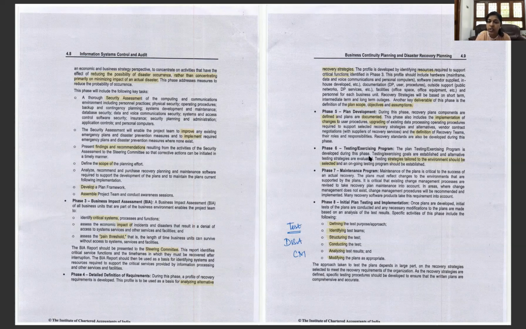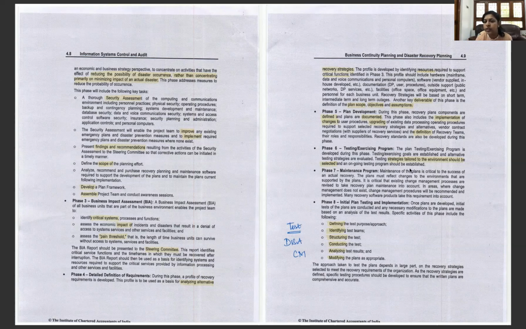Alternative recovery strategies will be formed at the detailed definition of requirements stage, and at this stage we are going to test them. Testing strategies tailored to the environment should be selected. So whichever is going to suit our particular business environment, that only should be selected.